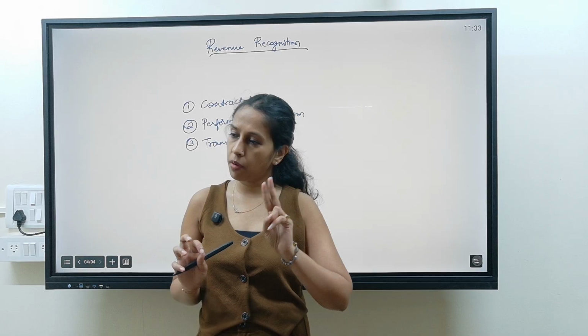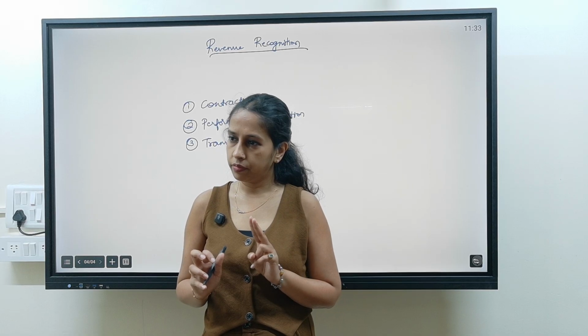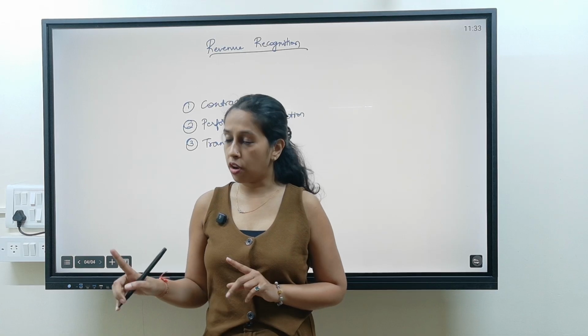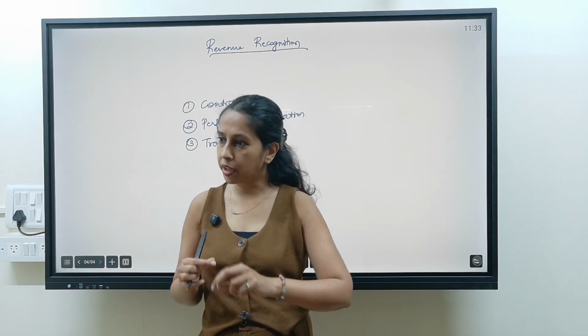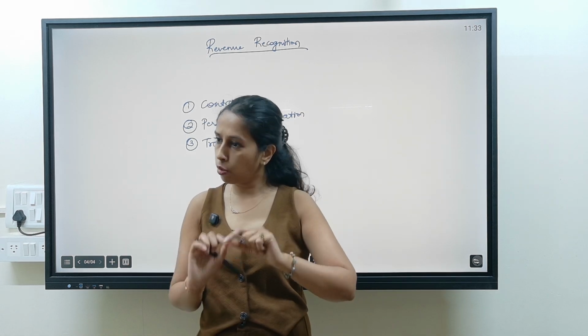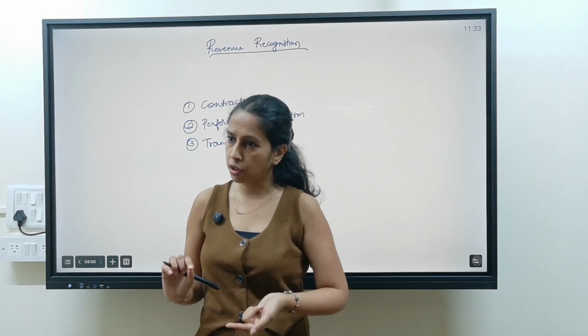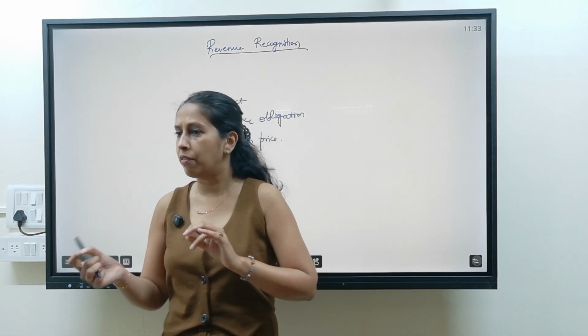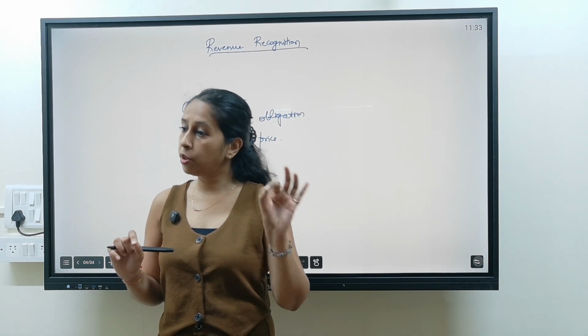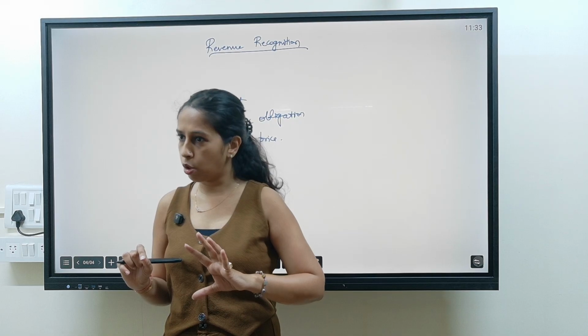What is the second performance obligation? Installing, right? Because you'll have to connect the pipe to the tap. They'll have to show you how to use it, because if you are buying that for the first time or you bought a different brand which is a little technical for you to understand how to use it, so they'll do a demo of how to use it and all of those things.